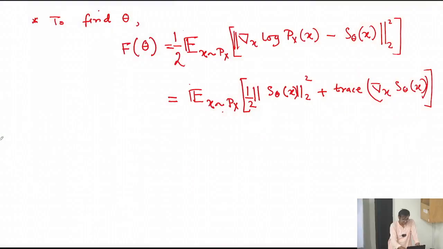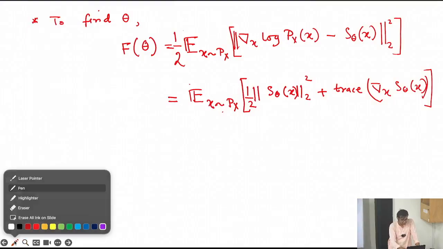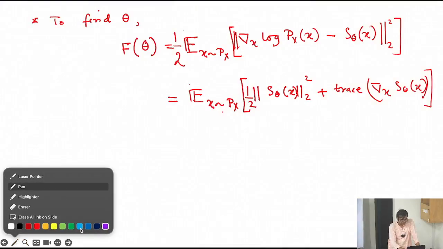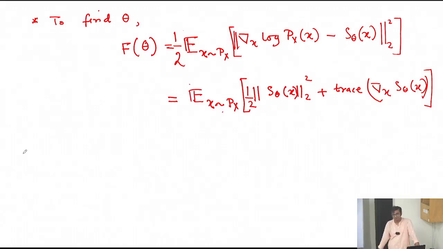So this has problems, right? Because this has problems, the next thing that was proposed, so what do we need? We need algorithms that can handle high dimensional problems. And there are two strategies for that. We'll talk about both. The first one is known as denoising score matching.